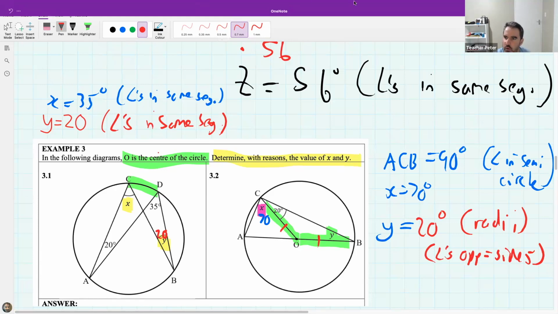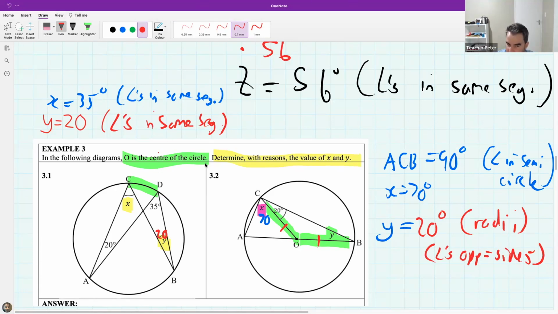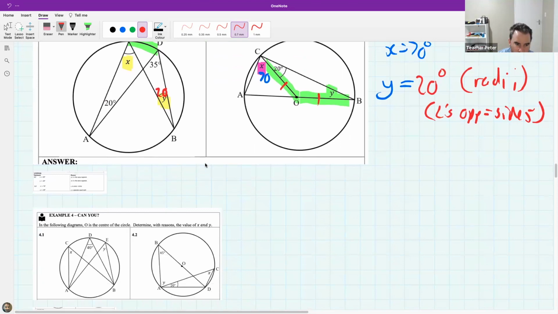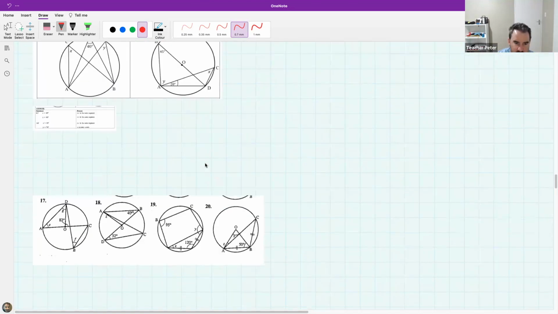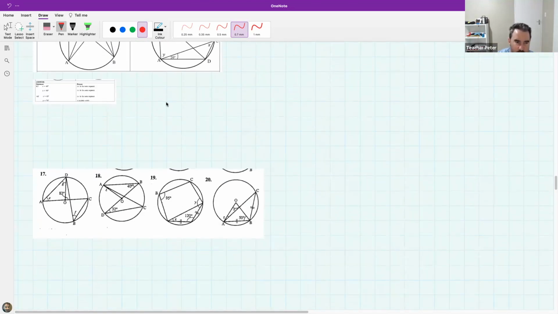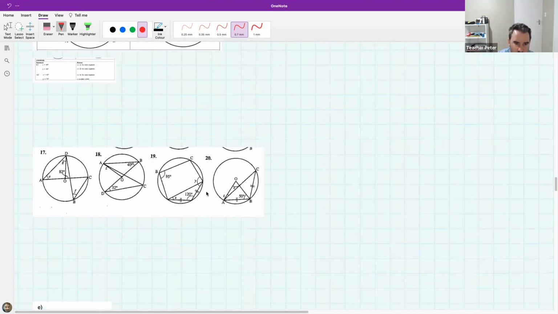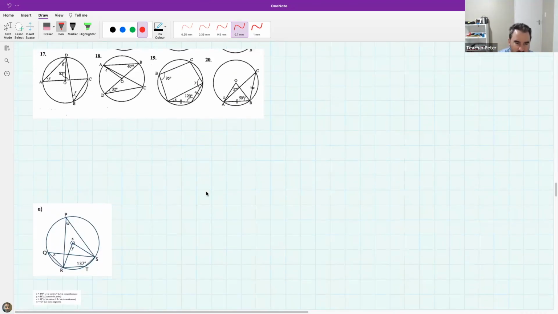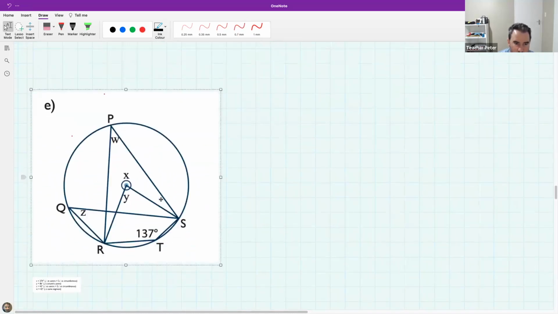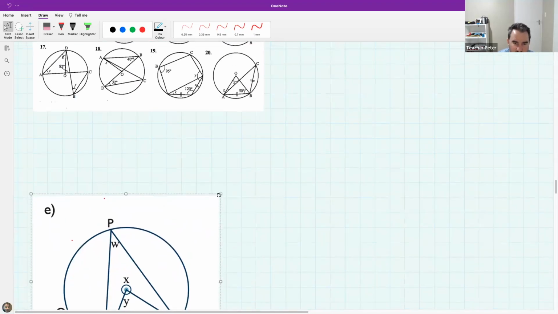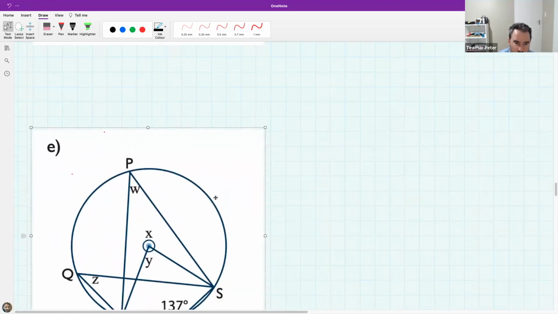Okay, so we've done a lot of practice getting to know the shapes tonight. Let's go and look for something a bit more tasty. Ooh, I like the look of this one. This looks a bit more combination. So if we look at this one, you're not just going to be using angles in the same segment.